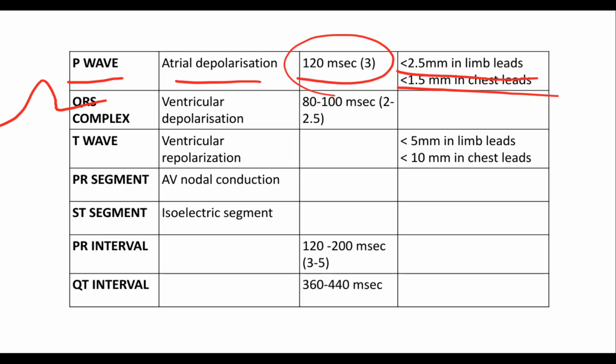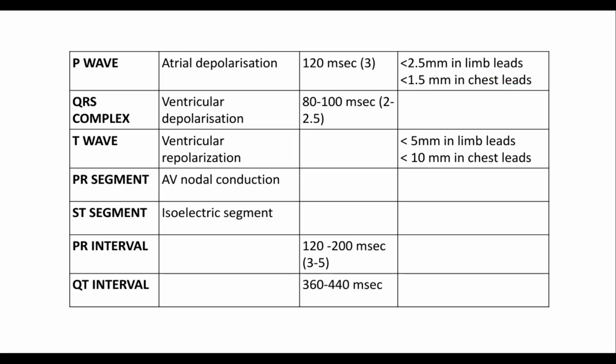And in P wave, what are the abnormalities that you can see? P wave can be a little bit taller. That's called P pulmonale. P pulmonale means peaked P wave. And pulmonale means it is pointing towards the right sided etiology, right? So P pulmonale is right atrial hypertrophy.